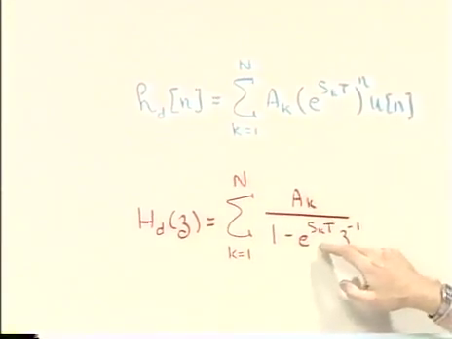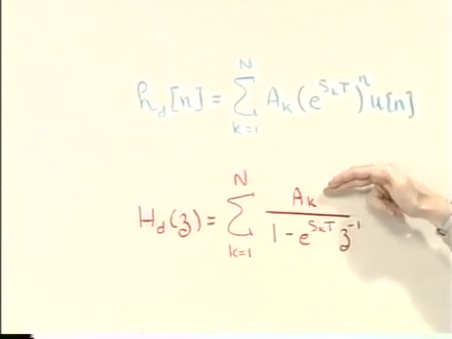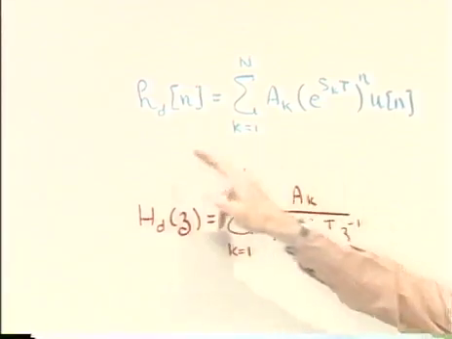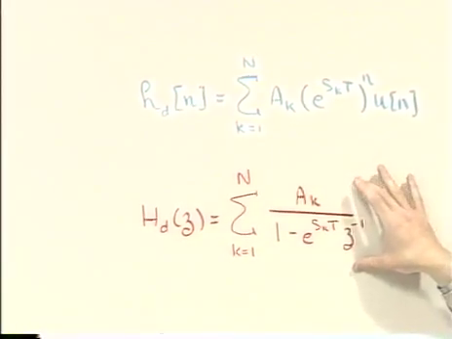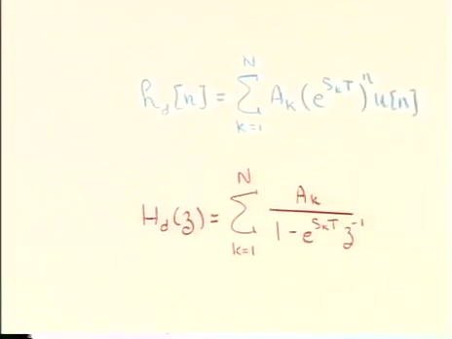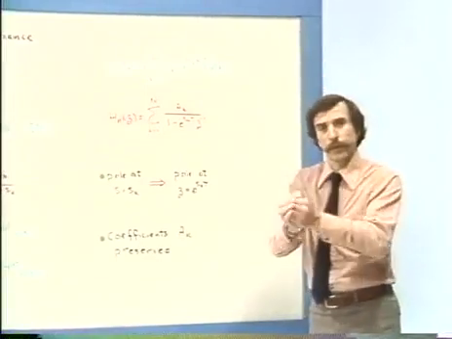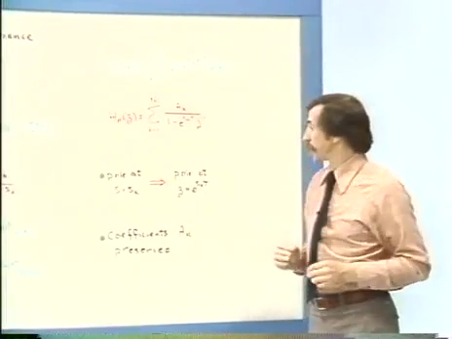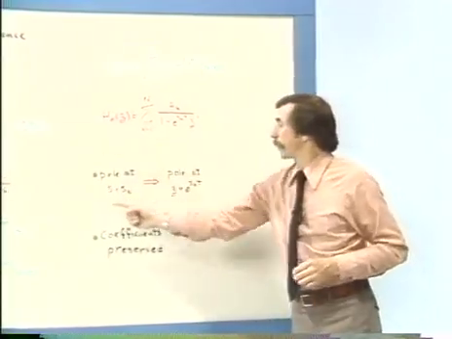So we started with a continuous time system function, which was a sum of terms like a sub k over s minus s sub k. The poles were at s sub k. We now have the discrete time filter in this form, and consequently this procedure of impulse invariance corresponds to mapping the continuous time filter to a discrete time filter by mapping the poles in the continuous time filter according to this mapping.